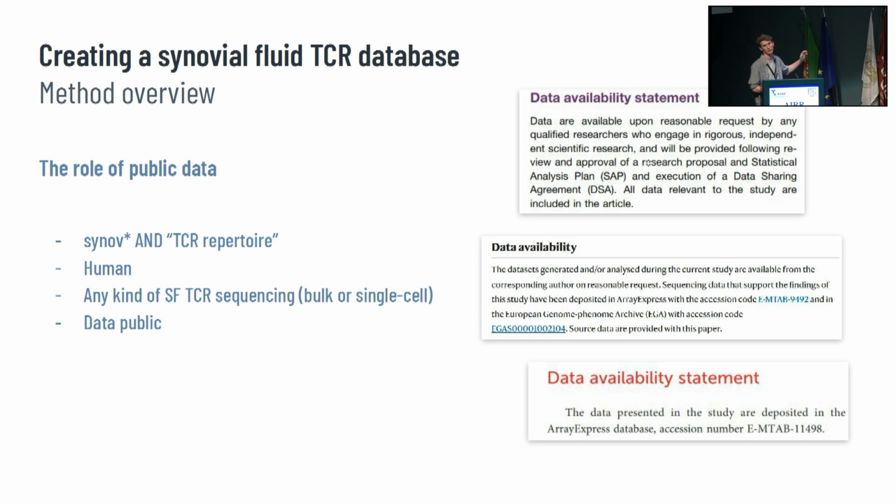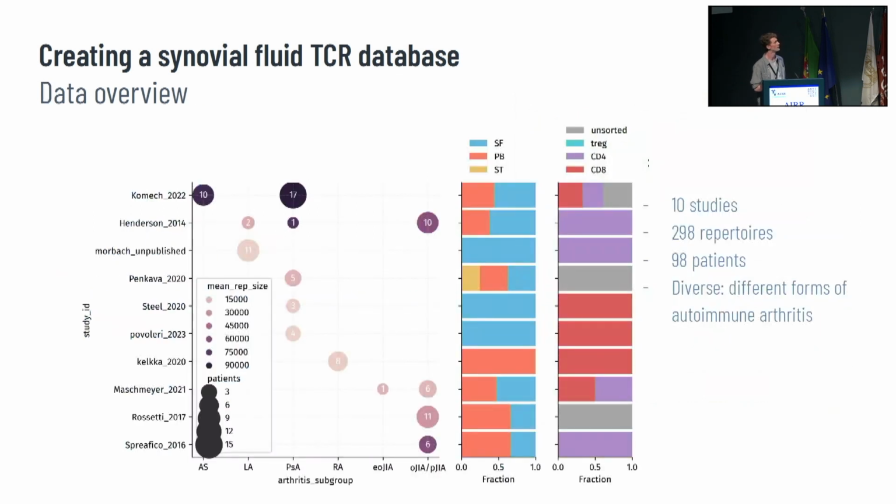This involved finding public data, which is not easy, and I highly respect all the efforts to do standardization from the AIRR community. So I went through literature and looked at all the publicly available data and parsed it. In the end, I compiled and curated a database with around 10 studies across almost 100 patients containing 300 repertoires.